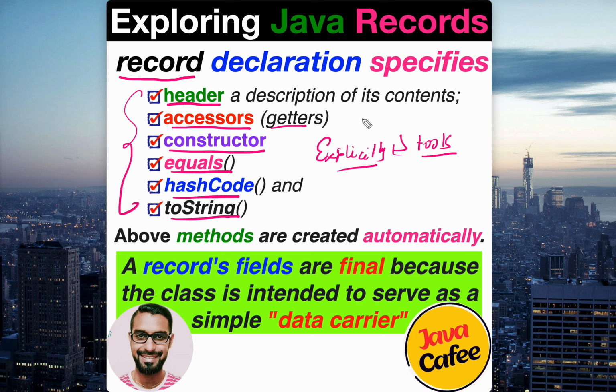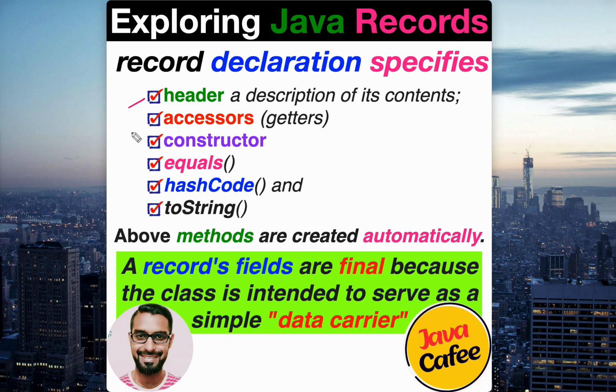But the amount of ceremonial code declarations inside the traditional data carrier class is humongous. But coming to the record, it's going to simplify its style. So no need of all these ceremonial codes because all these codes are going to be created automatically, including the getters, the constructors, equals, hashCode, toString methods.